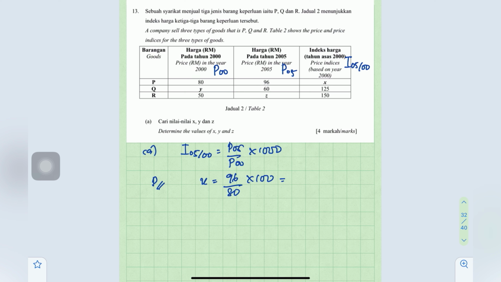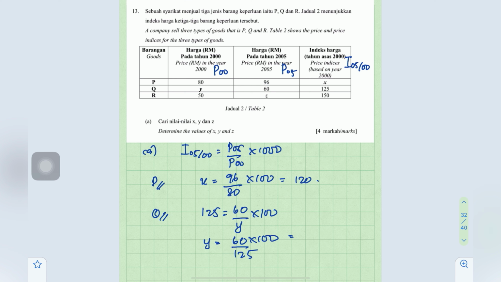Okay, this one, the answer is 120. Okay, so for Q, 125 equals to 60 over Y times 100. So then Y equals to 60 times 100 over 125, which is equals to 48 ringgit.